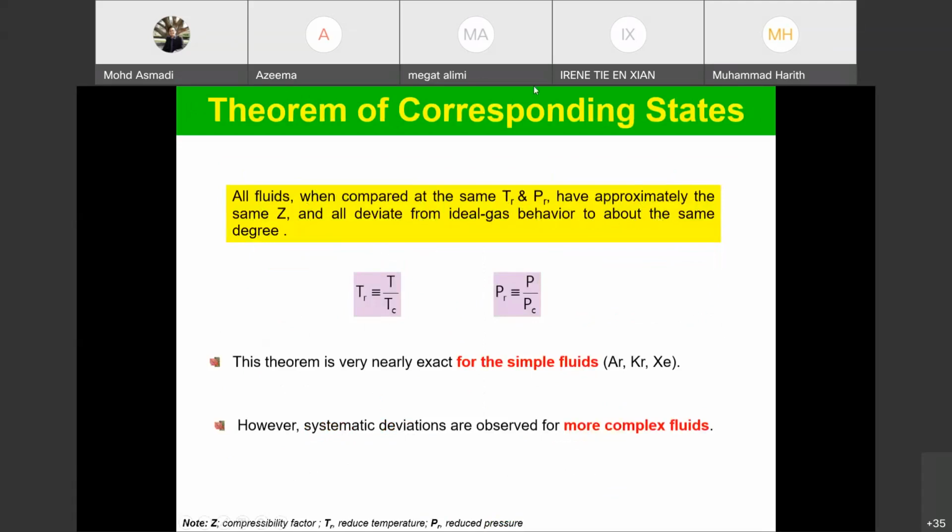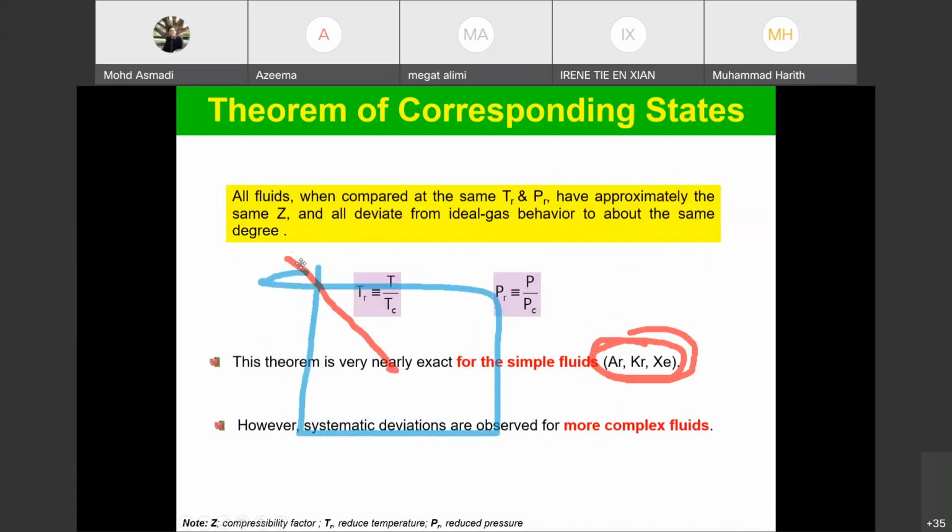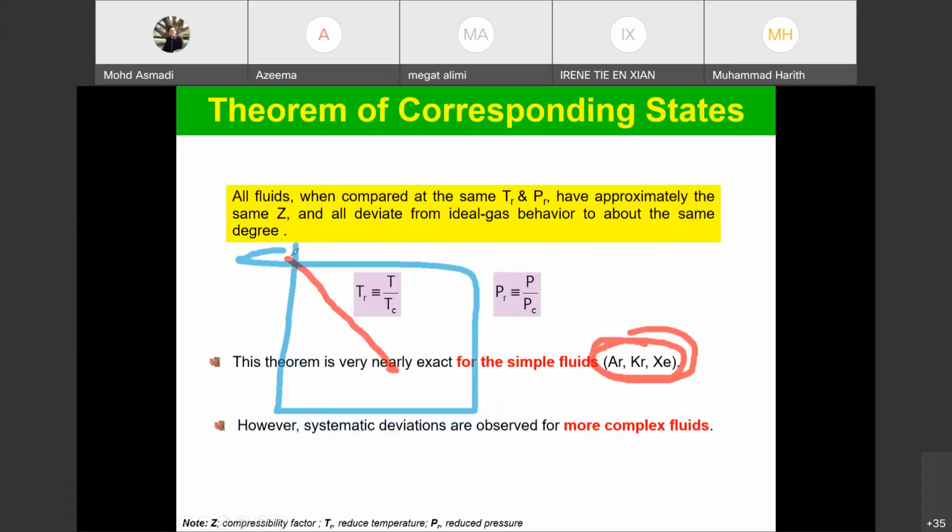This means Redlich-Kwong and van der Waals are only applicable for argon, krypton and xenon, just these three, because they don't deviate much. But if we deal with methane, ethane, hydrogen, they will deviate a lot. So that's why we need the omega, for the more complex fluids.